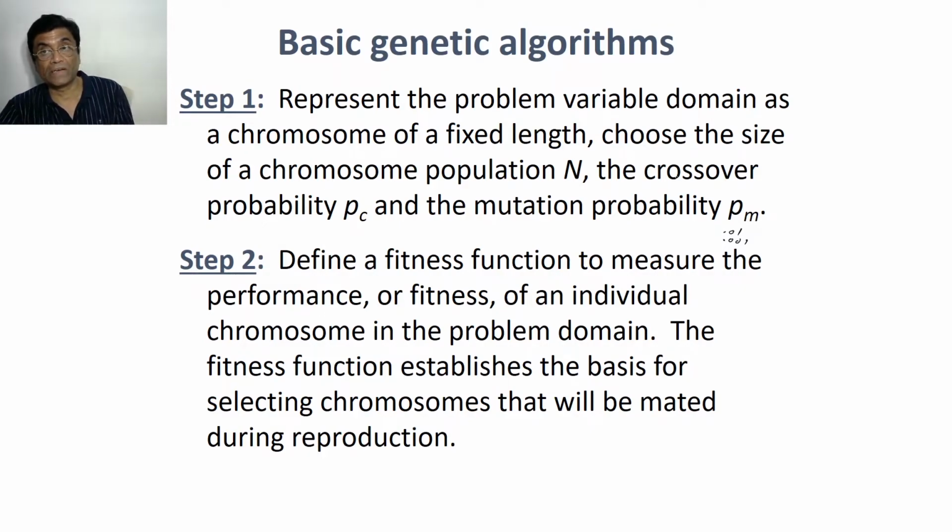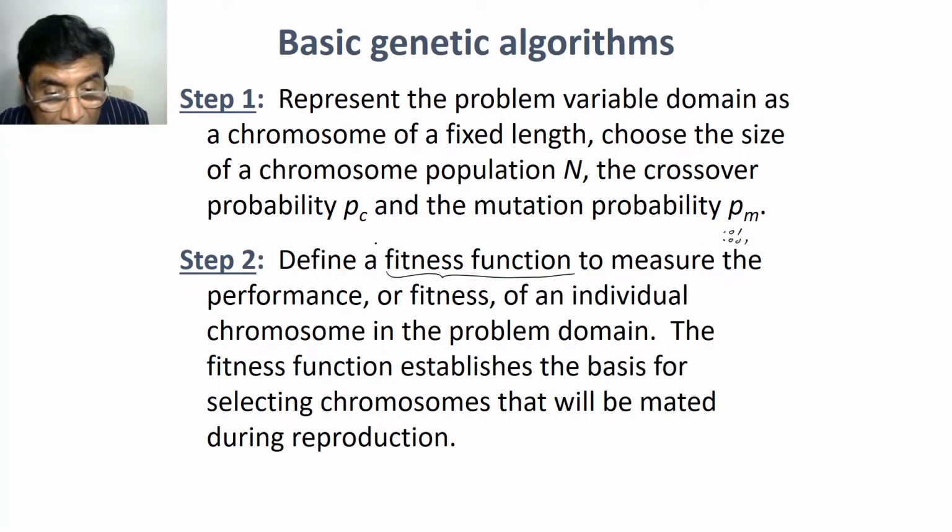So you have two operators now: the crossover operator for mating and the mutation operator for helping the algorithm come out of local optima, right? And then there is the fitness function you have to define, which is a very important function: how to design a problem-specific fitness function.